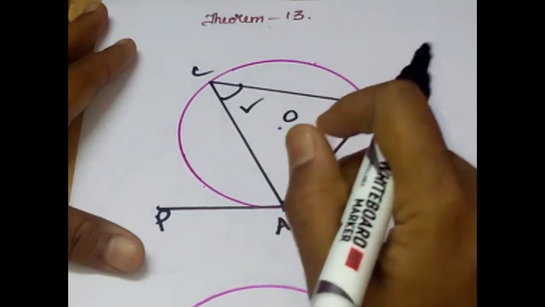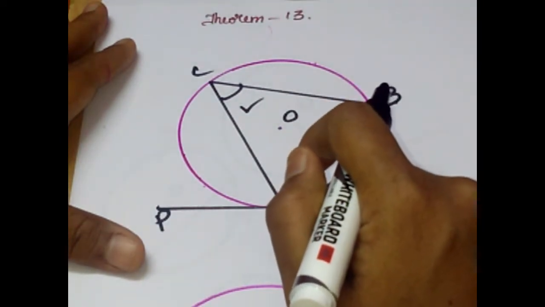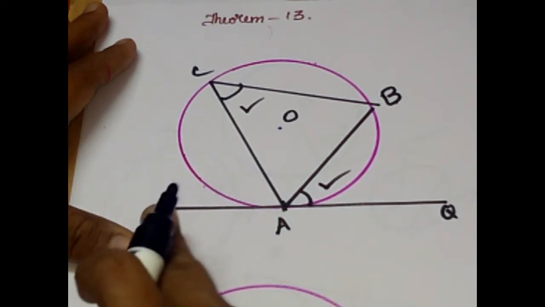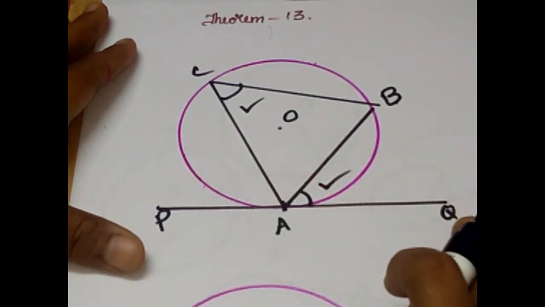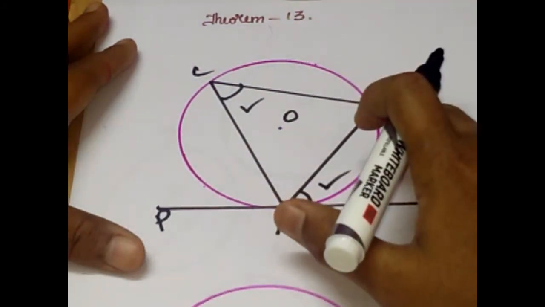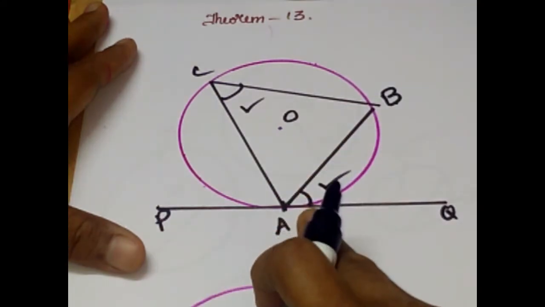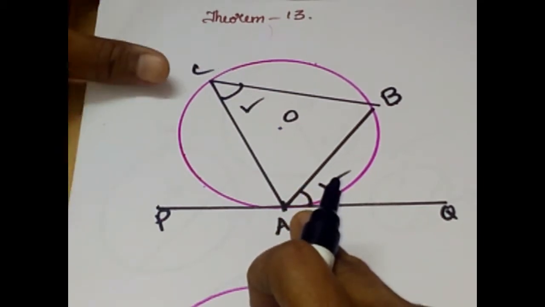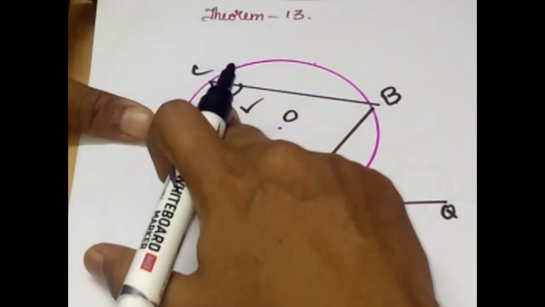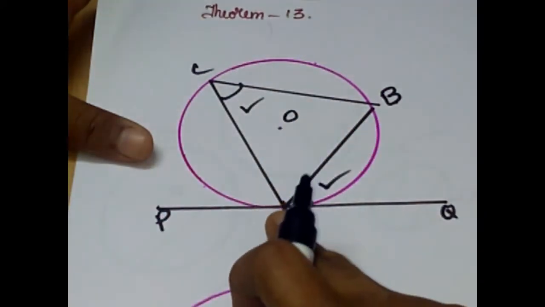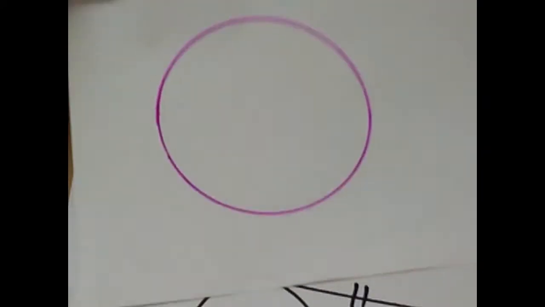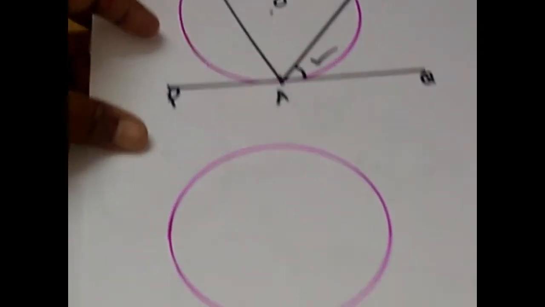What is the reason? Angles in the alternate segment. How to identify this, children? First you need to identify a tangent and a chord, and this is the angle formed at the intersection point of a tangent and a chord. This angle is equal to the angle in the alternate segment, which is formed with the help of the chord AB. Let me take one more example based on this.